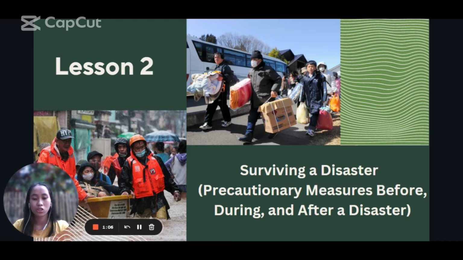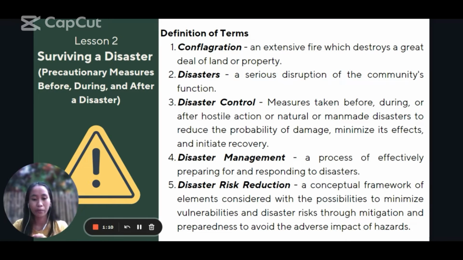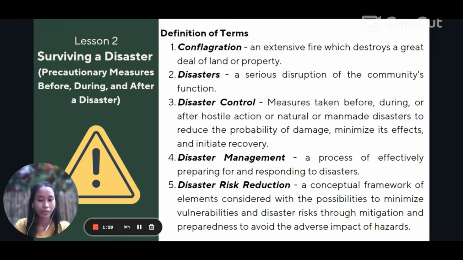The following definition of terms, both operationally and conceptually, may help us understand better the topics covered in this chapter or lessons. We have here the definition of terms. First is conflagration. It is an extensive fire which destroys a great deal of land or property.